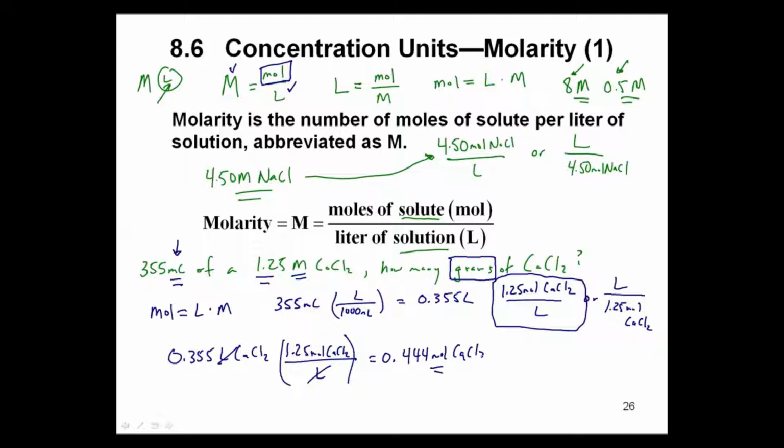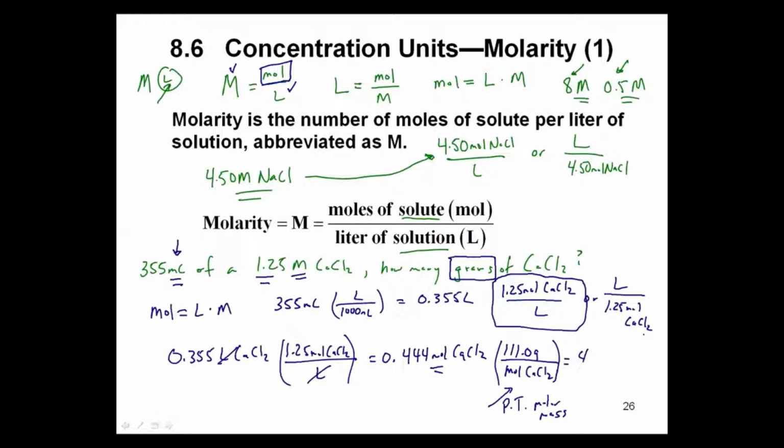If you did all that math and got the molar mass for calcium chloride, you would end up with something like 111 grams per mole of calcium chloride. And if we multiply that by our 0.444 moles, we end up with 49.3 grams of calcium chloride.